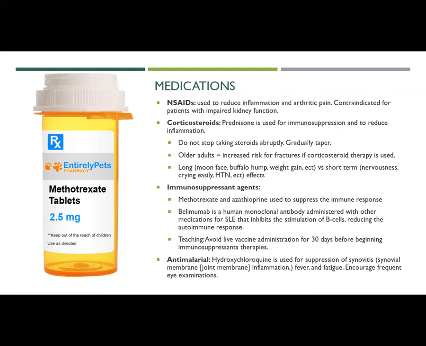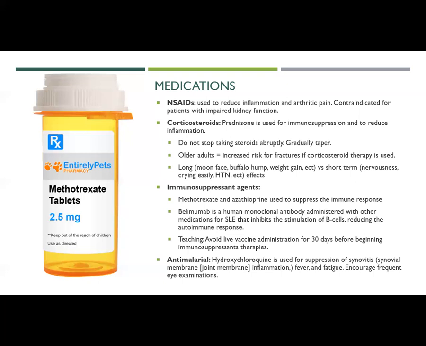Basically what happens is if nothing else is working, we're going to go with our corticosteroids. Now with lupus, it is basically the cornerstone for this disease process. So prednisone in particular, they'll be on it for a long term. So it's used for immunosuppression and to reduce inflammation.